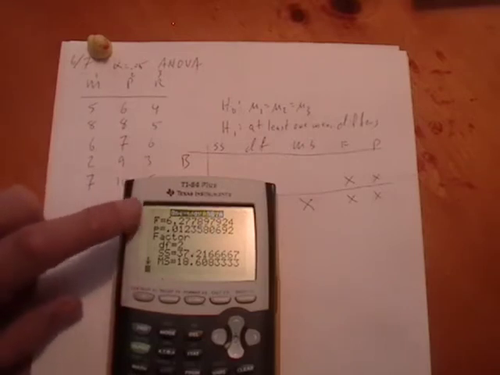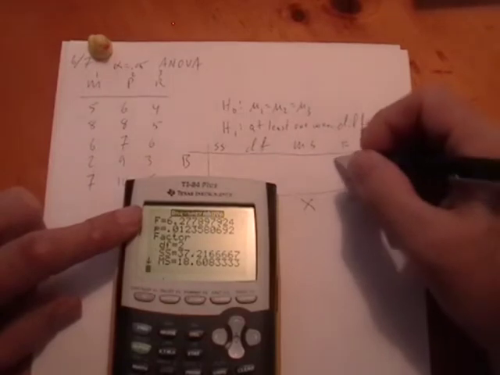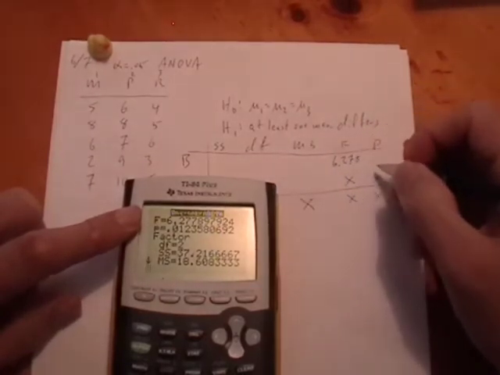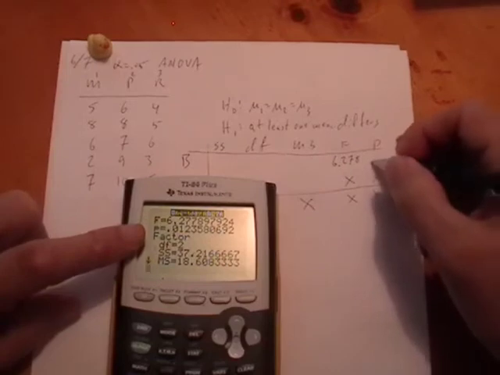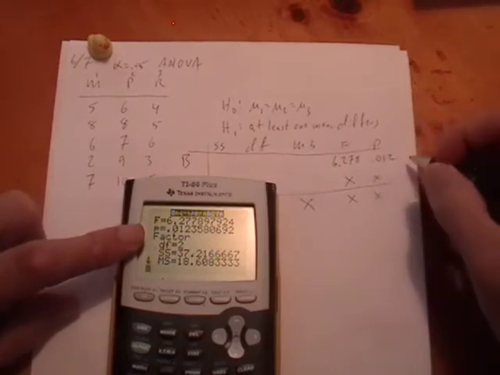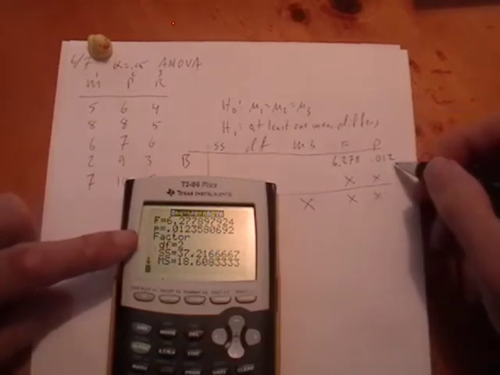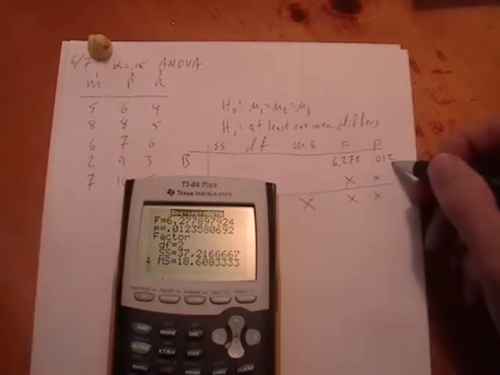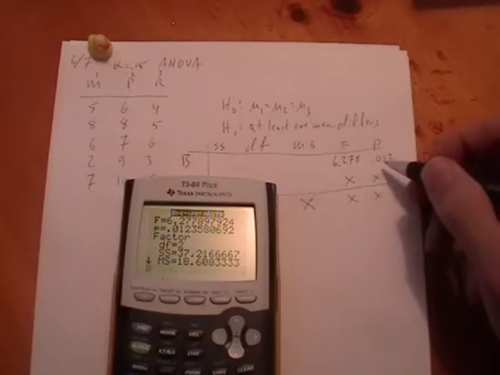F is a test statistic, so 3 decimal places, 6.278. P is 0.012. Be careful, this is very likely to be something in scientific form, and I don't want to see answers like 1.2 for a probability.